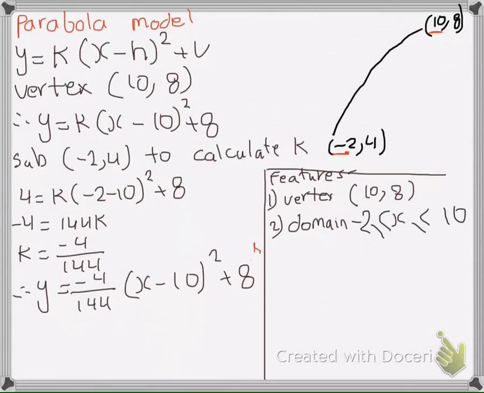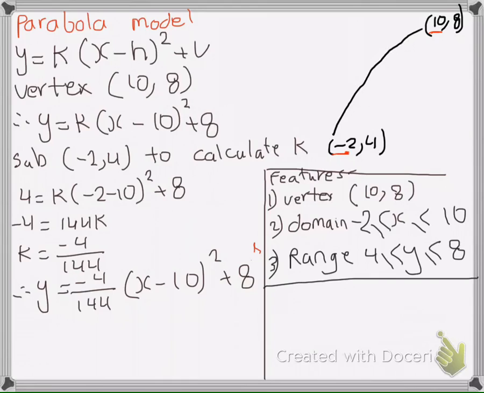And the y values are the same, starting from 4 and moving up to 8, so that's the range. The range is y greater than or equal to 4, less than or equal to 8. So far this is achieved. For this particular model, you need to do the other model to get full achieved.